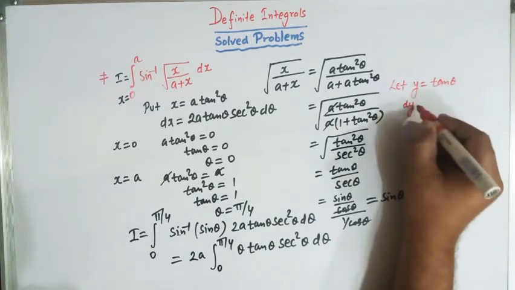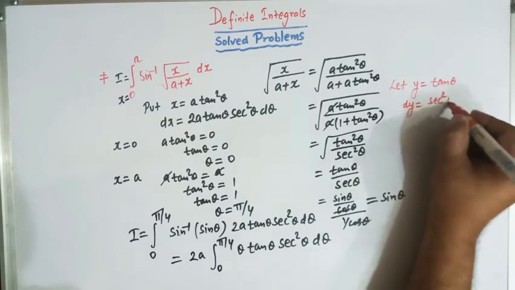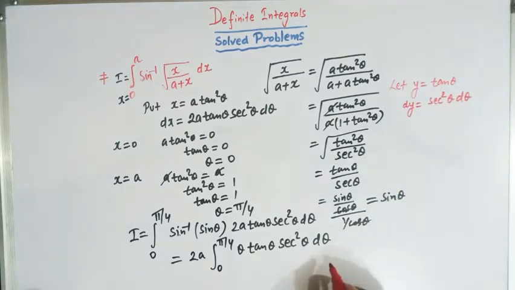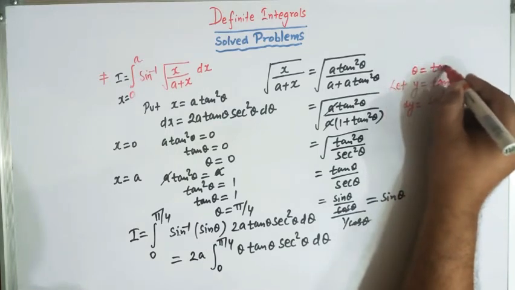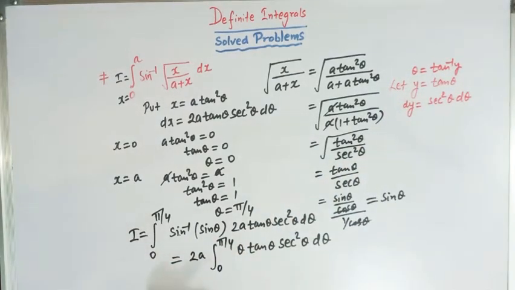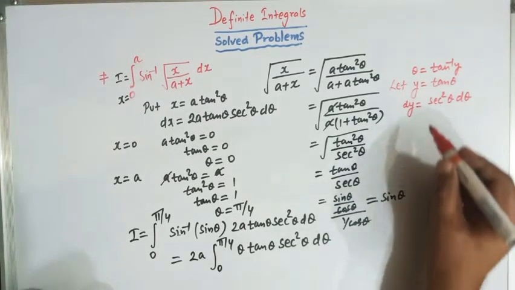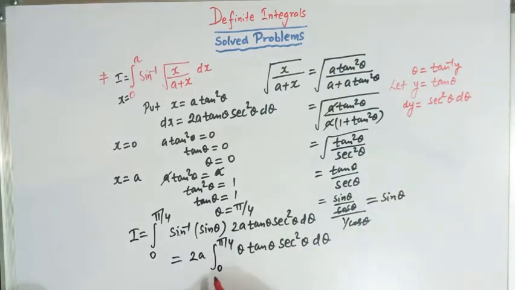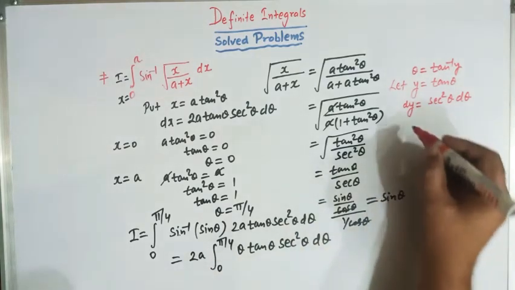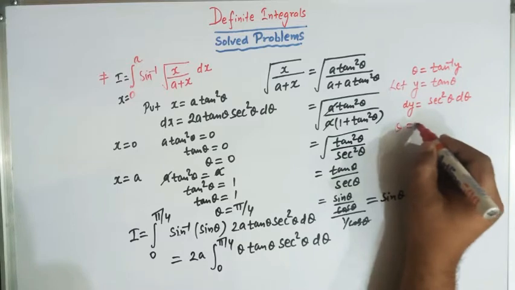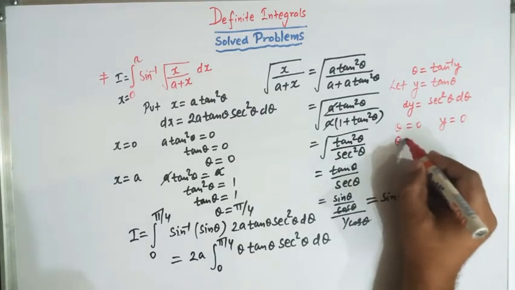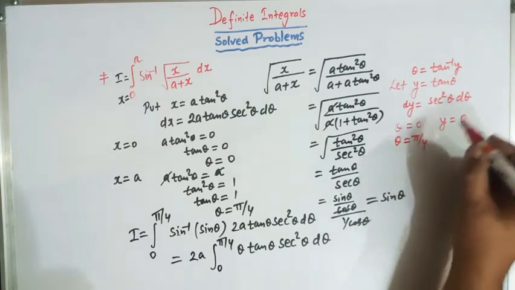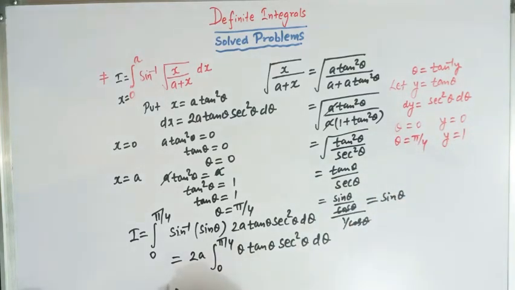So dy becomes sec square theta d theta, and from here we have theta is equal to tan inverse y, and the limits can be changed to, again when theta is 0, y becomes 0, and when theta is pi by 4, y becomes 1, right?